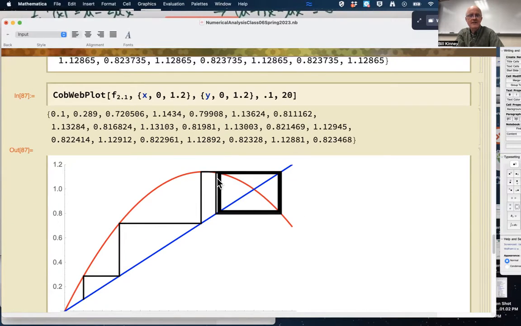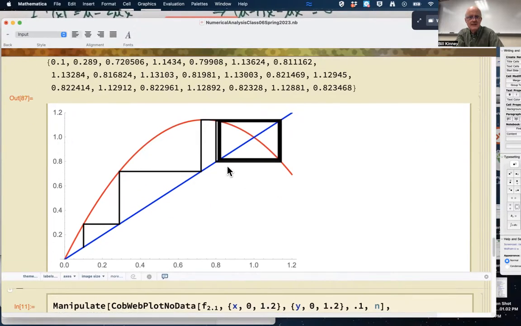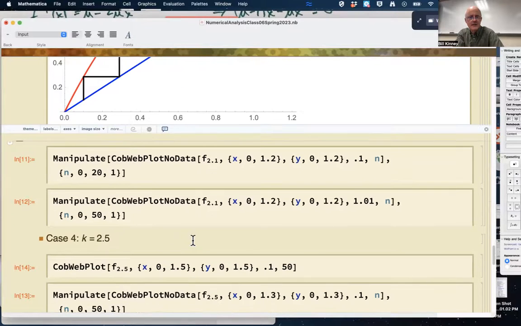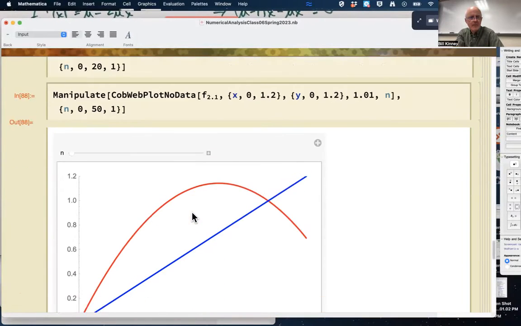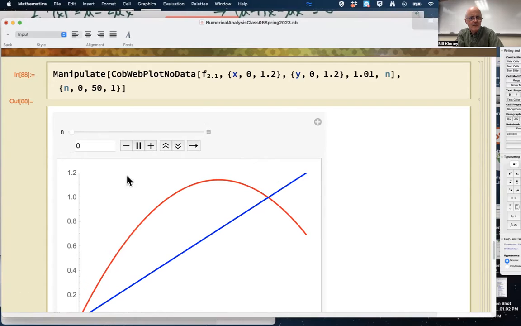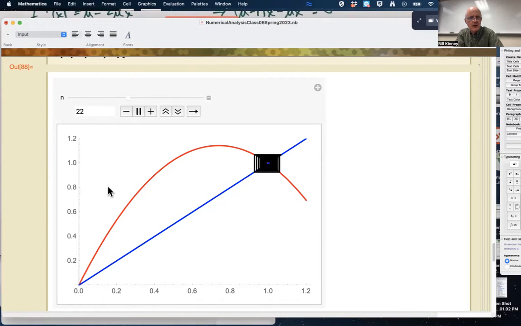Visually, it's a little hard to see, but we're approaching the cycle of period 2. It might be this inner one, this inner box here. Let's see if that happens if I animate it here. Okay, we're going away from it there. That's a different picture, actually. So now we're approaching a box on the outside when we start close to the fixed point.